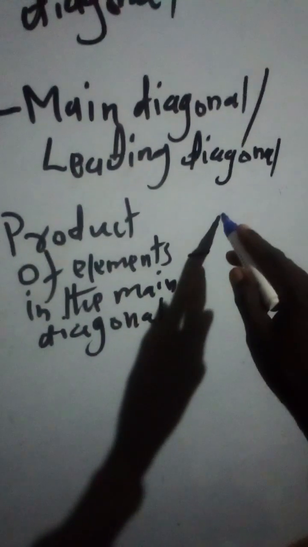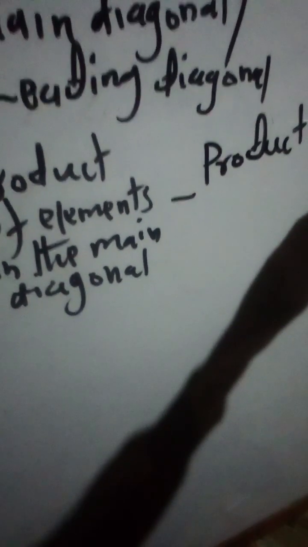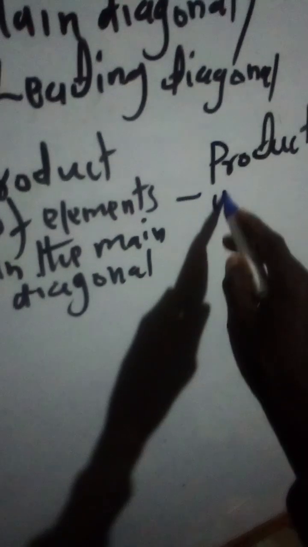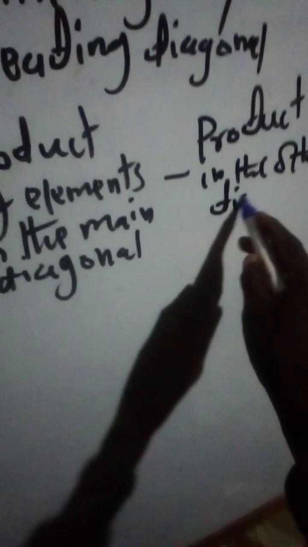You subtract the product of the elements in the other diagonal. It's as simple as this.